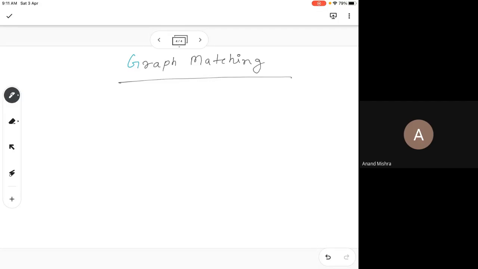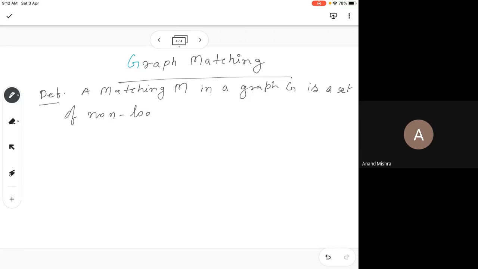So what is a matching more formally? Let's look into the definition. A matching M in a graph G is a set of non-loop edges with no shared endpoints.